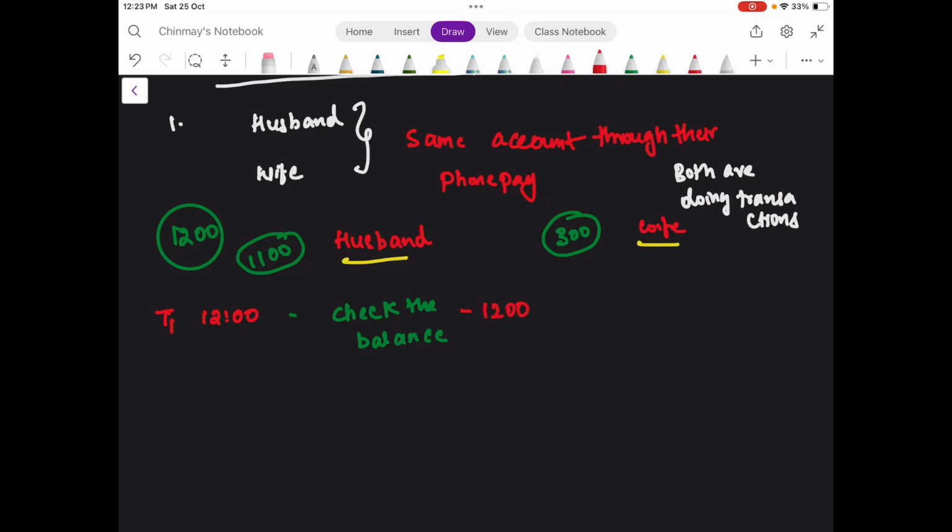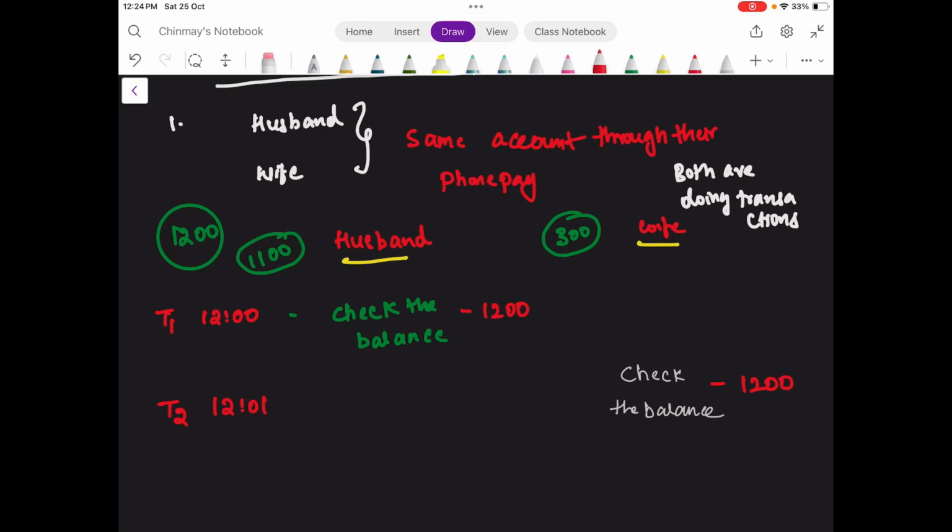At time t2, 12:01, the wife checks the balance. How much does it show? It also shows 1200 rupees.